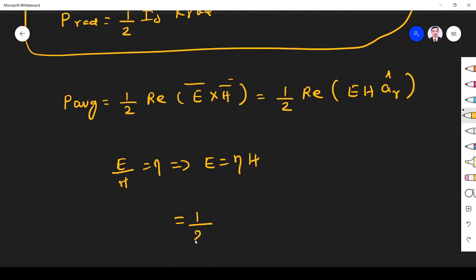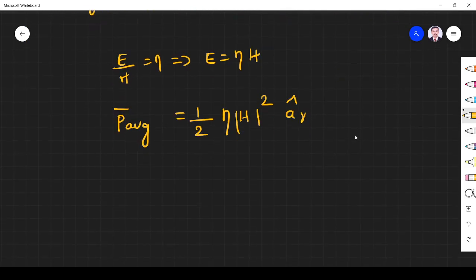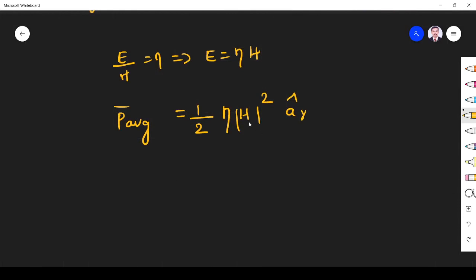So power average is equal to 1 by 2 real part of eta H, and instead of E, eta H. So eta times magnitude of H squared, we take the magnitude, along a r, as the P average vector. Now we know the H value, so what is the magnitude of H?